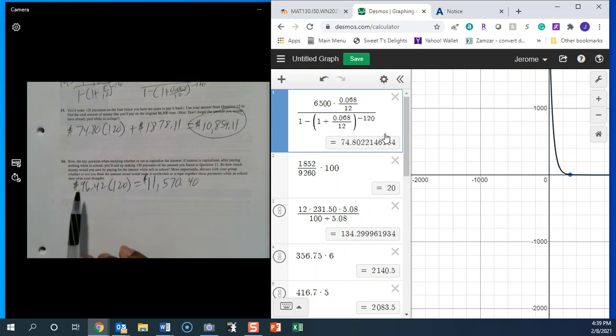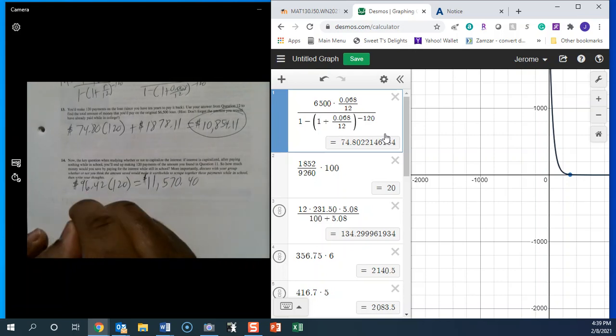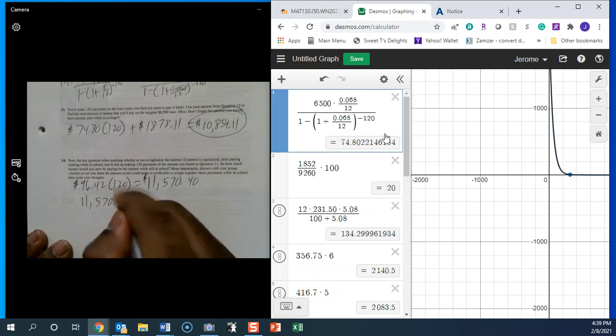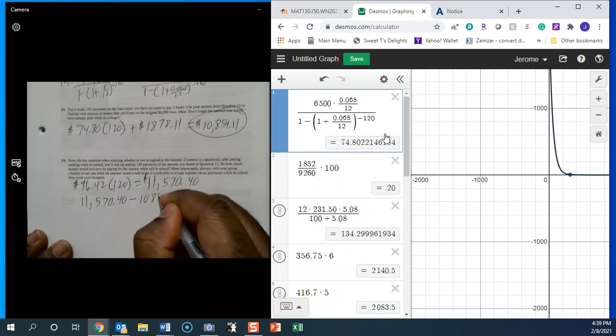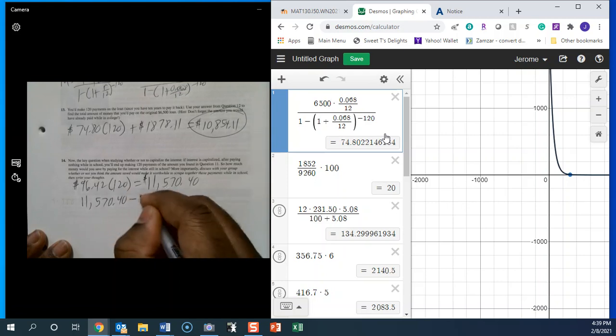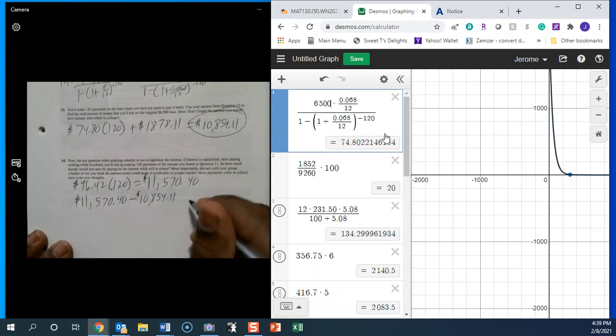Now remember that $1,878.11 is already encompassed in this payment. So you would take this $11,570.40 and you will subtract the $10,854.11. When you subtract these two values, that will give you a savings of $716.29.